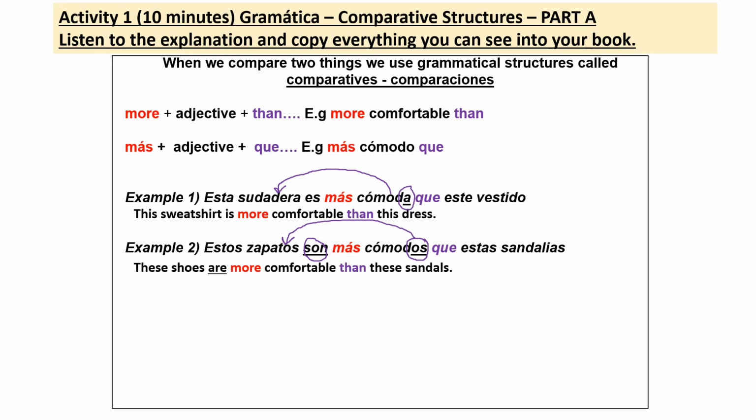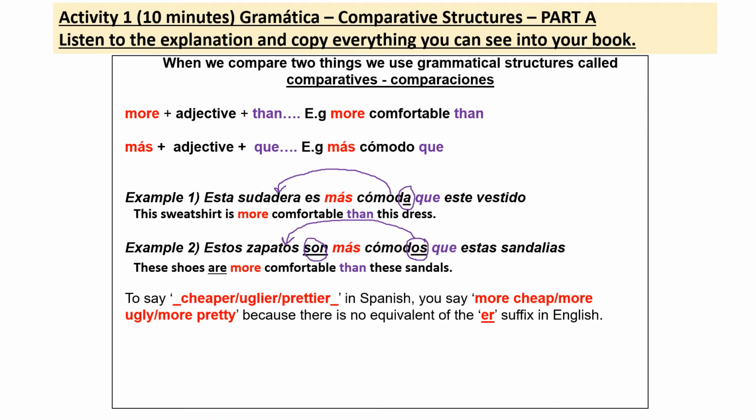Let's move on in just a minute, but before we move on to part B, I would like you to look at this. To say cheaper, uglier, prettier in Spanish, you have to say more cheap, more ugly, more pretty, because there is no equivalent of the suffix, like in English, okay?